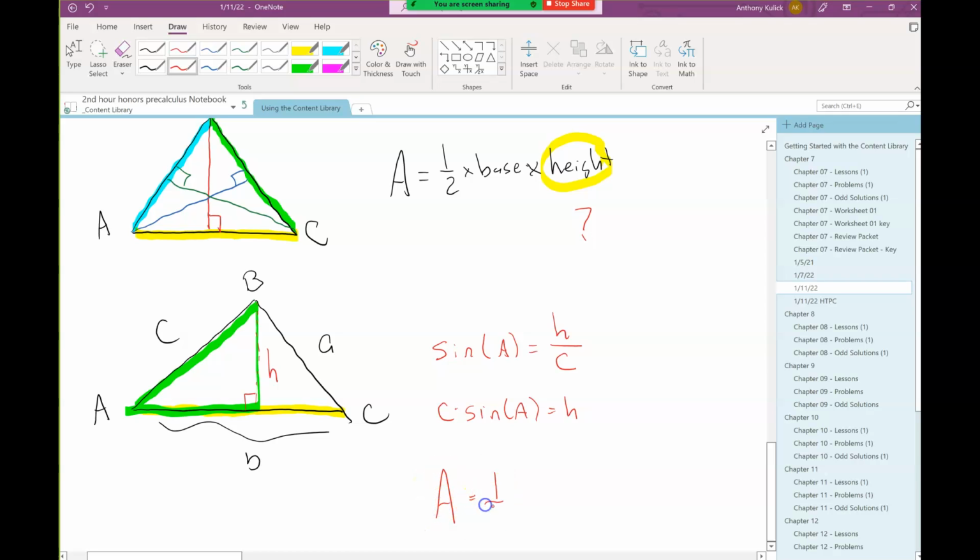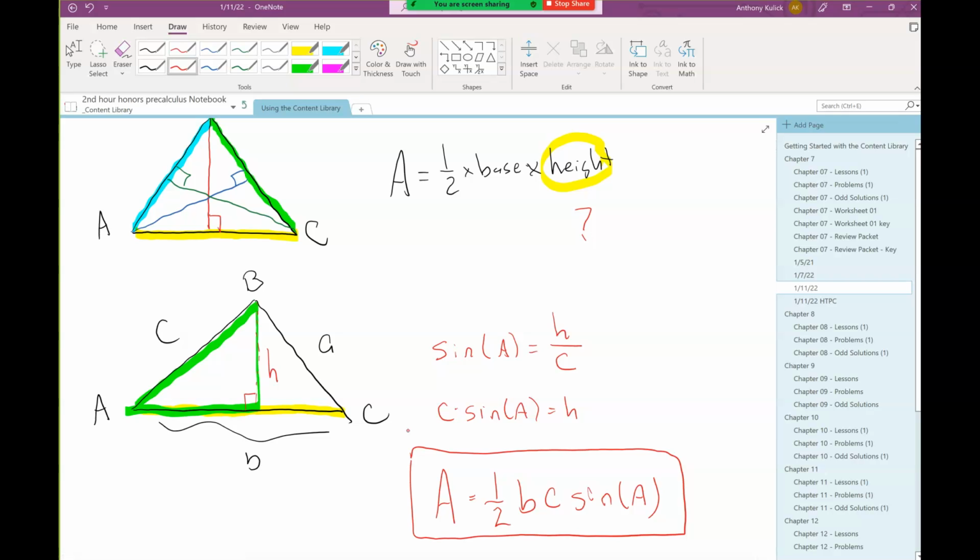So my area then would be 1/2 base, which is the side B, times height, which is C times sine A. Where if I have a solved right triangle, I know the sides B and C and the angle A, right?